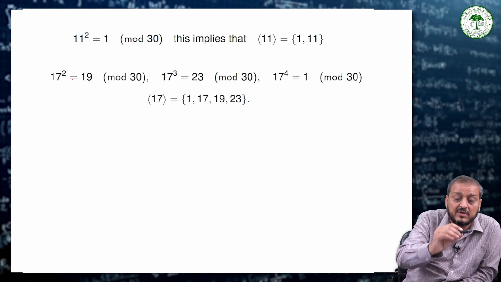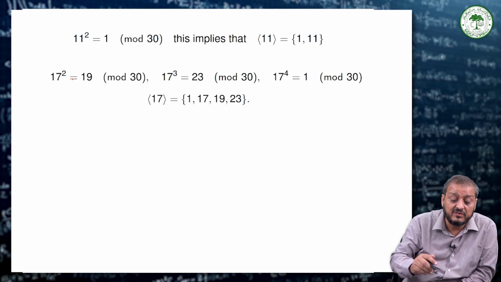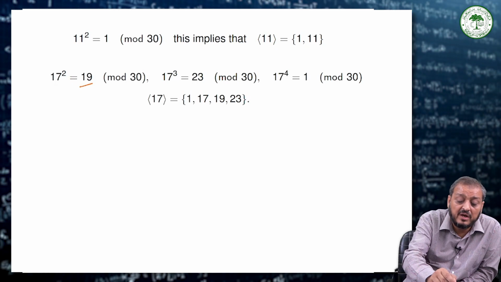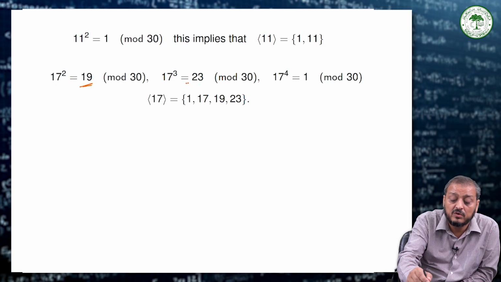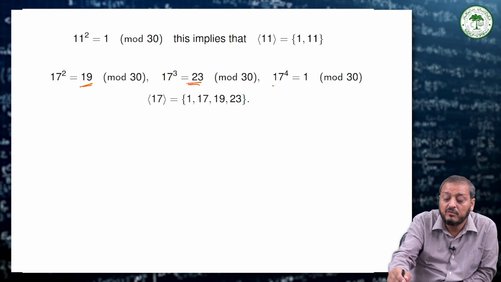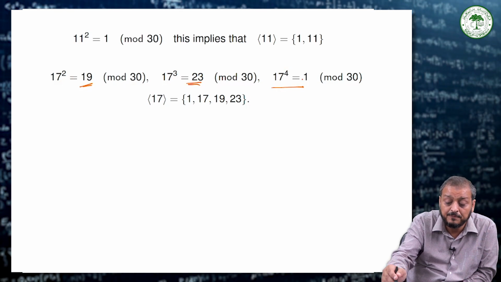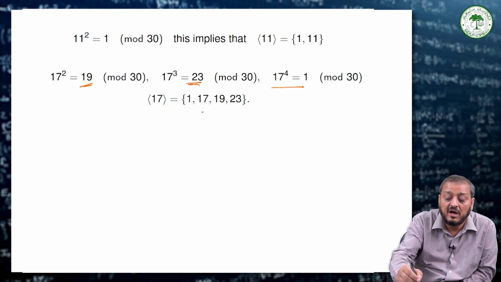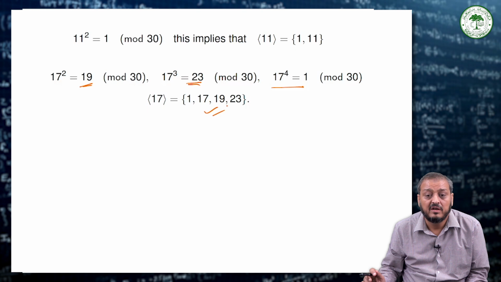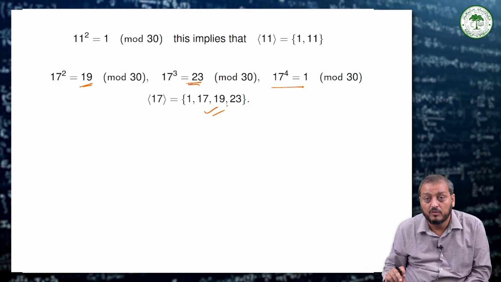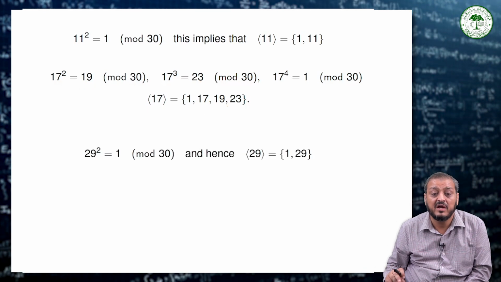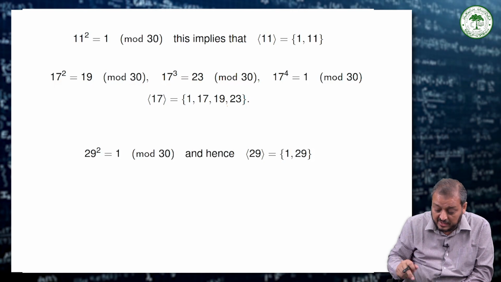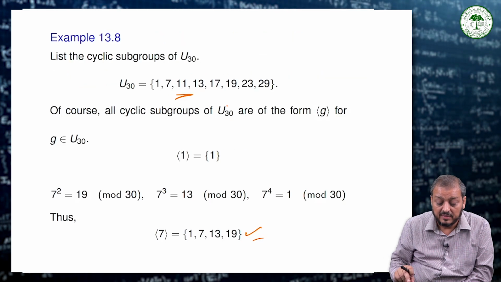Next, 17: 17 squared is 19, 17 cubed is 23, and 17 to the power 4 is 1. So 1, 17, 19 and 23 are generated by 17. These are the subgroups generated by 17. Then 19 is already generated by 19 in this form.